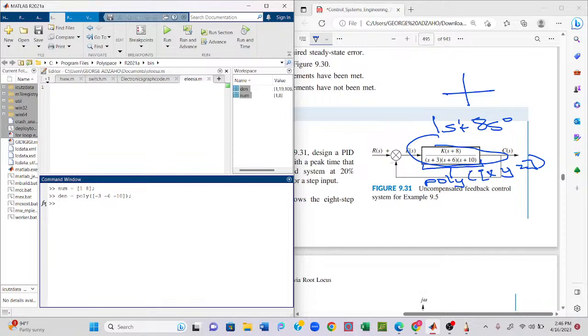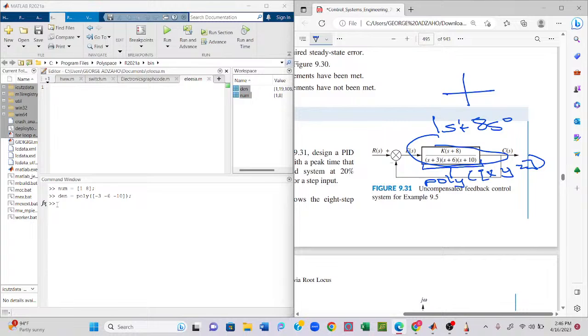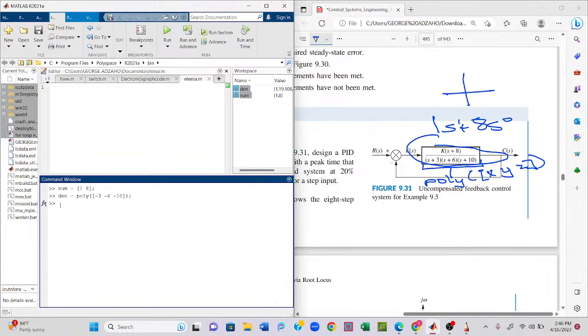Terminate. Now you need to combine these into a transfer function, the numerator over the denominator.